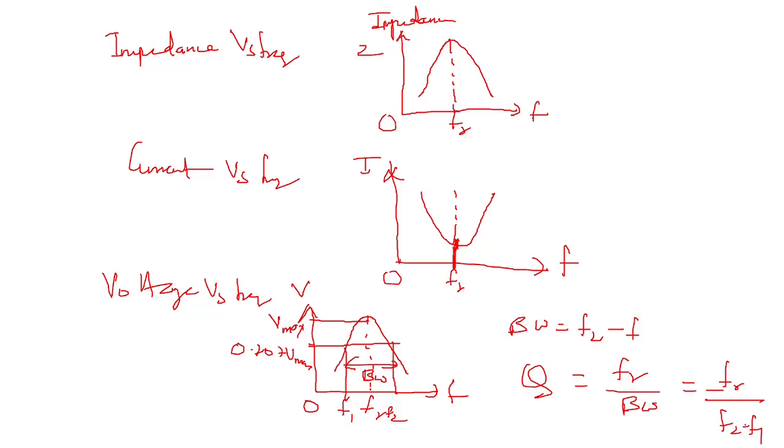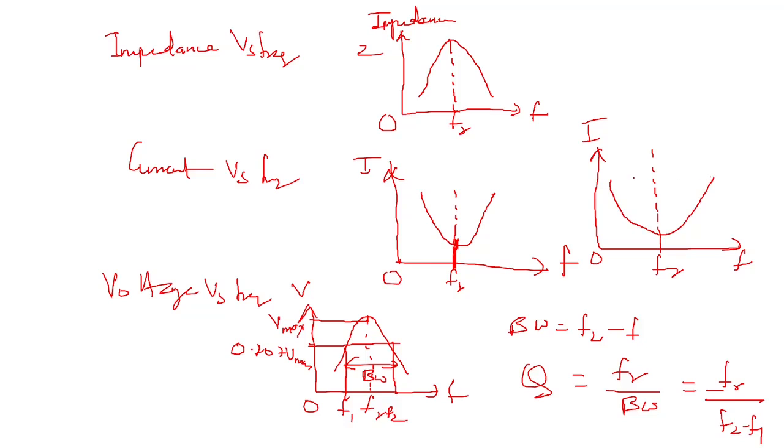Now what does the quality factor say? For example, if this is your graph of current versus frequency, this is your resonant frequency fr, this is 0, this is f, this is current. Now if your Q is low, then the graph is wider.